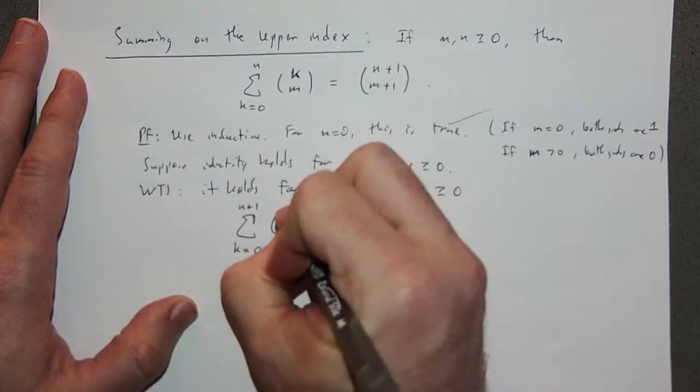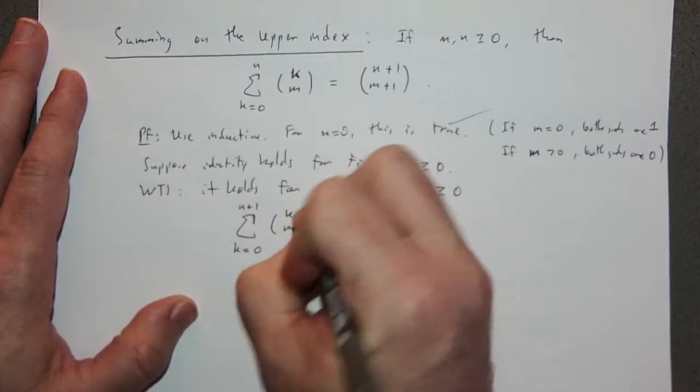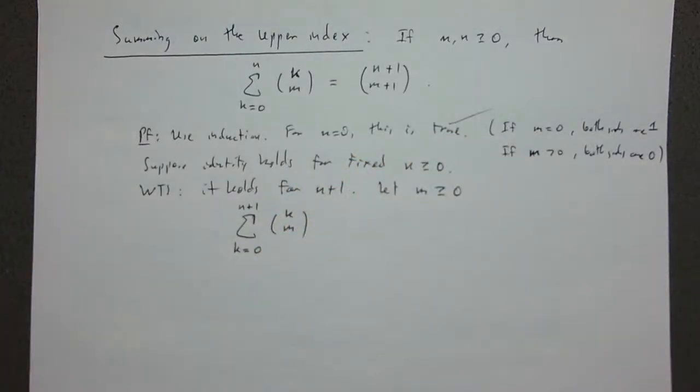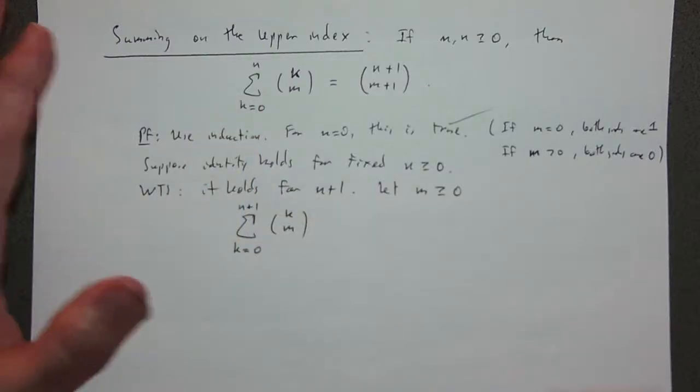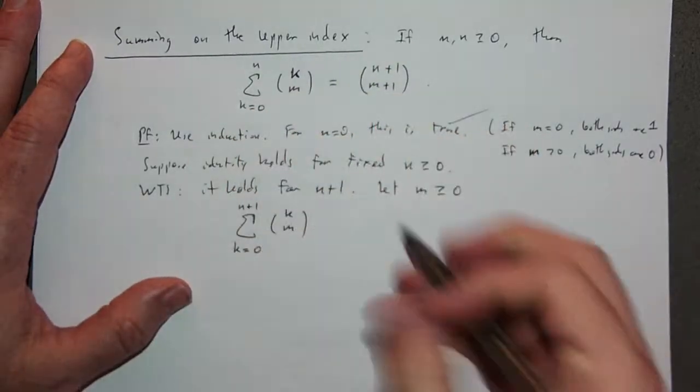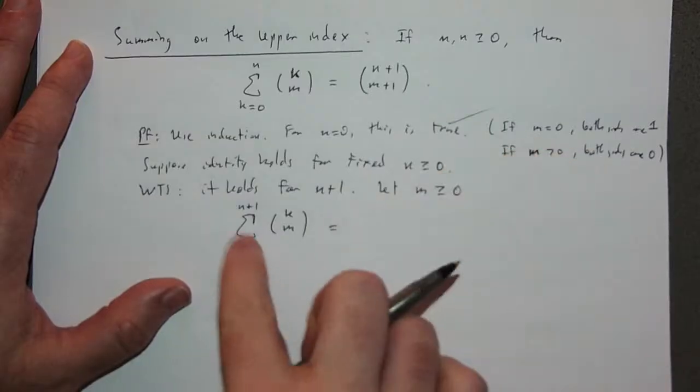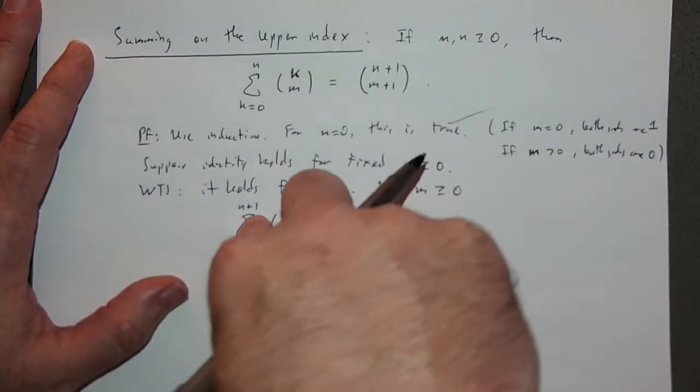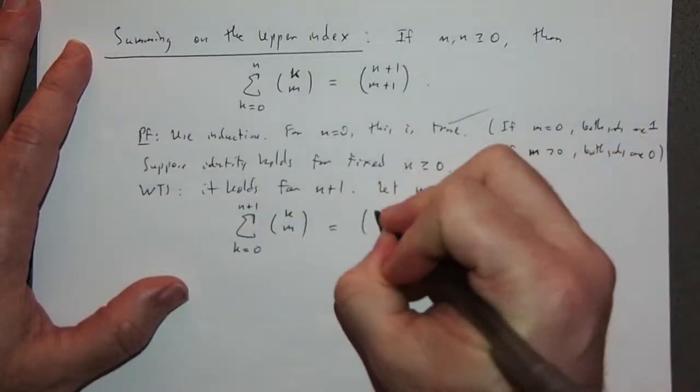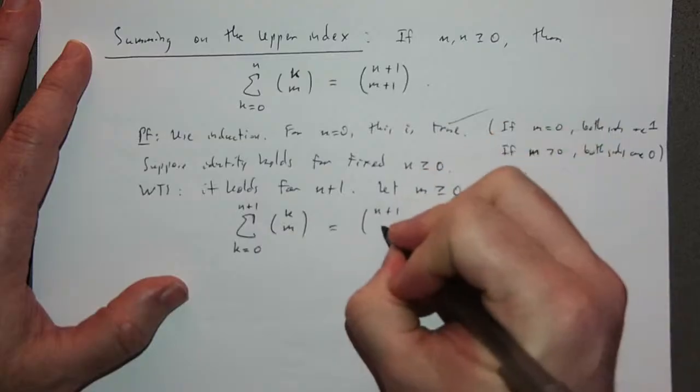Of course, our strong desire is to split this up and apply the inductive hypothesis to the sum up to n, since we're assuming that's true, or that has this form. So I have split off the top term here, which is n plus 1 choose m.